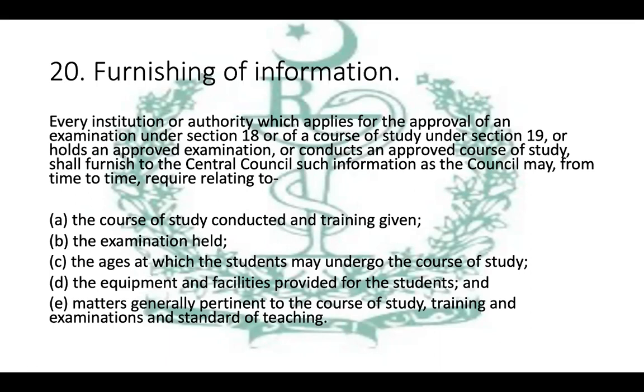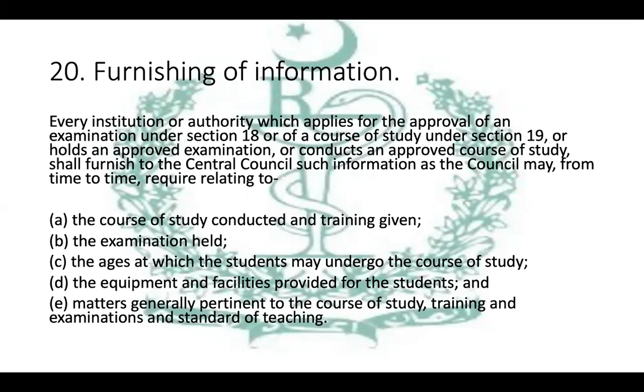Number one, A, the course of study conducted and training given, if they may ask for this. B, the examination held. C, the age at which the students may undergo the course of study. D, the equipment and facilities provided for the students. And E, matters generally pertinent to the course of study, training and examination, and standard of teaching.